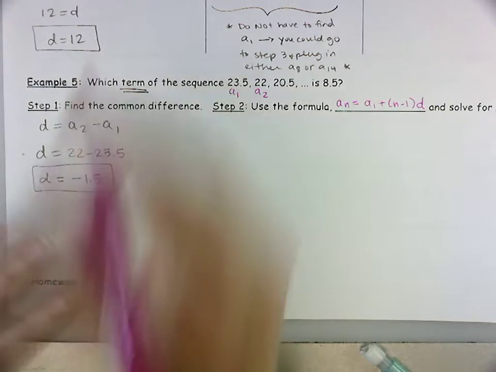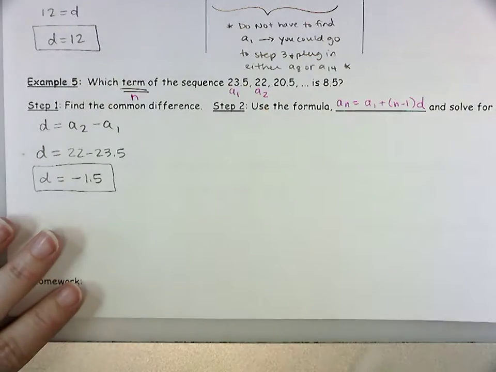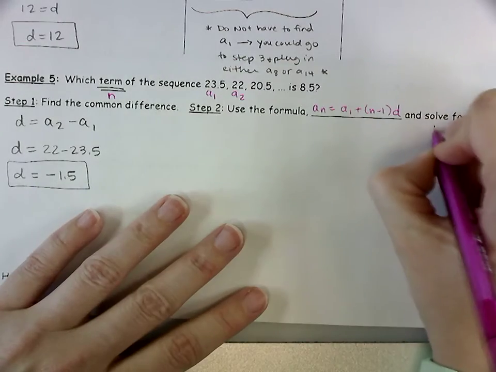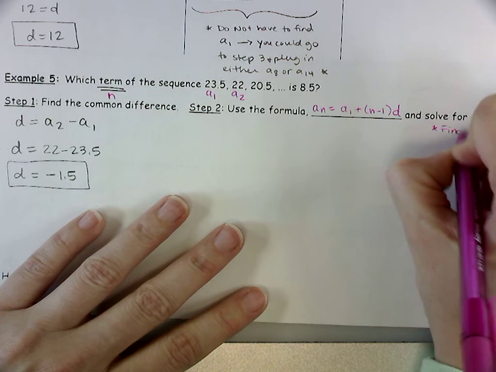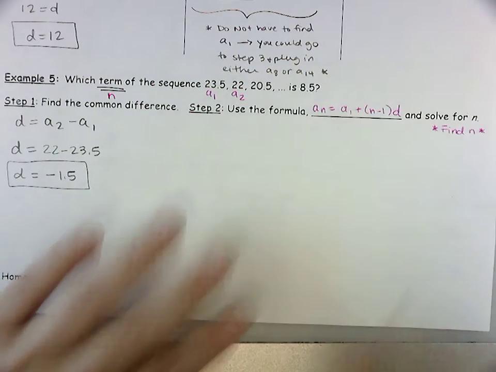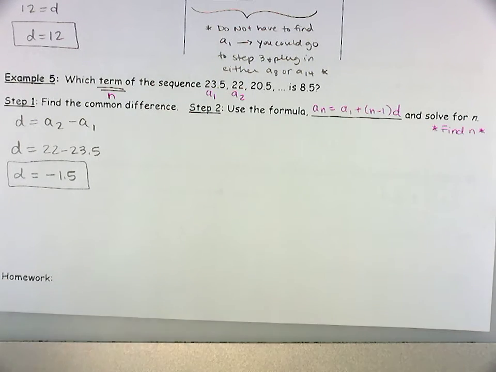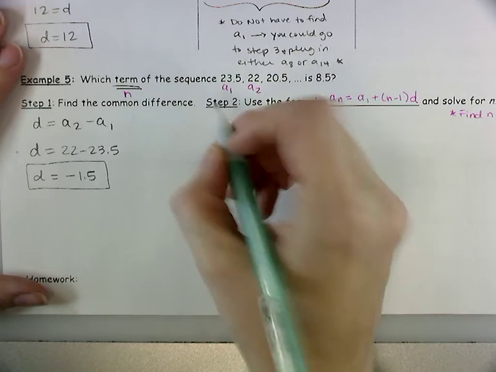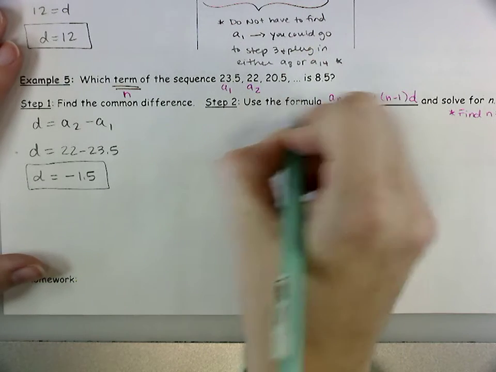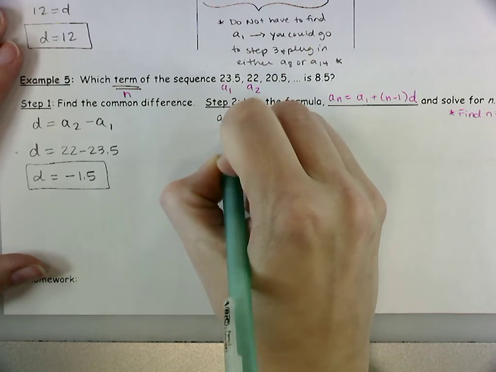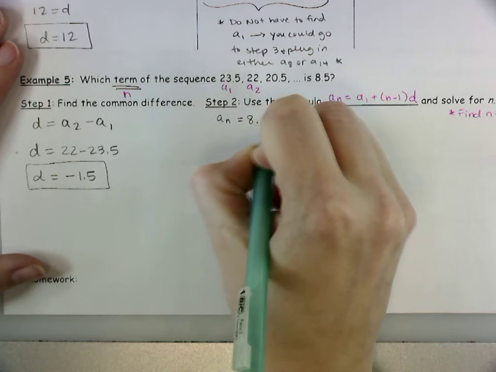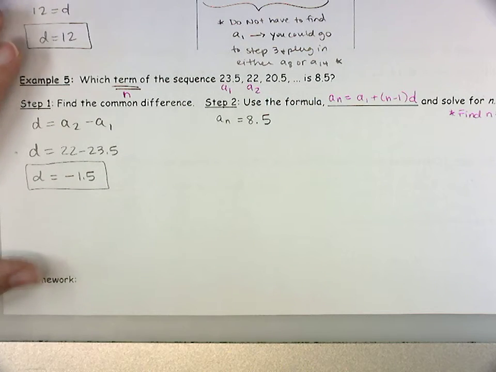N. So what are we trying to find for this? N. Would you plug 8.5 in for a sub n? Yes, exactly. 8.5 is going to be equal to your a sub n.